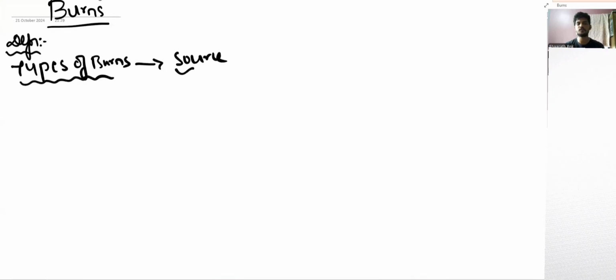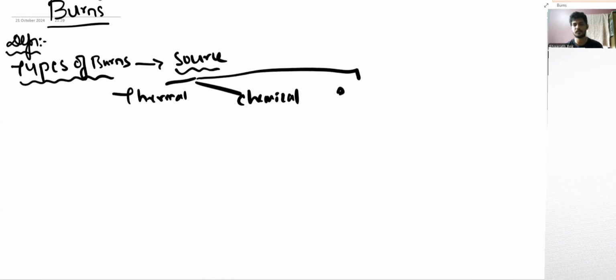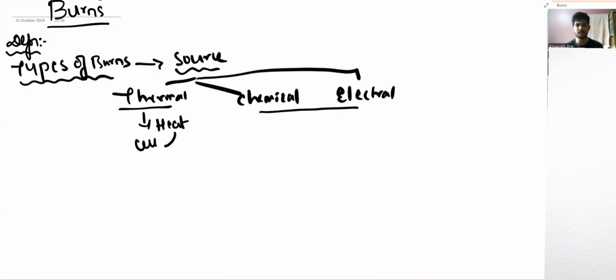According to the source, a burn can be a thermal burn, or a chemical burn, or an electrical burn. The major difference between a thermal burn and a chemical or electrical burn is that in a thermal burn, there is a transfer of heat to the cells, and this heat produces cellular damage.